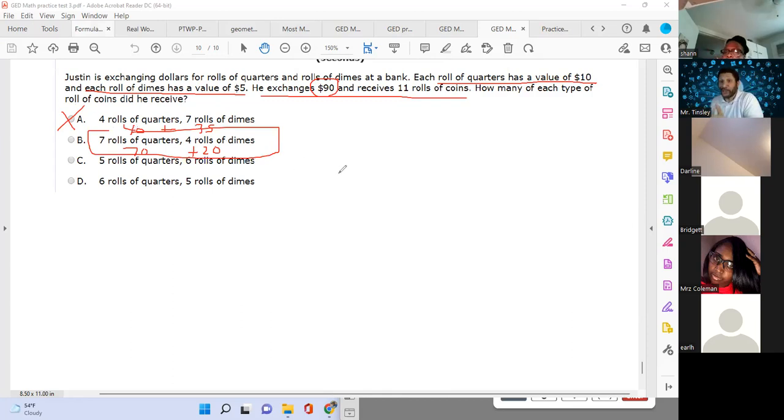What they wanted you to do was this. Matter of fact, I'm not even going to use X. I'm going to use Q and D. Q plus D equals 11, and then 10 times Q plus 5 times D is equal to 90.